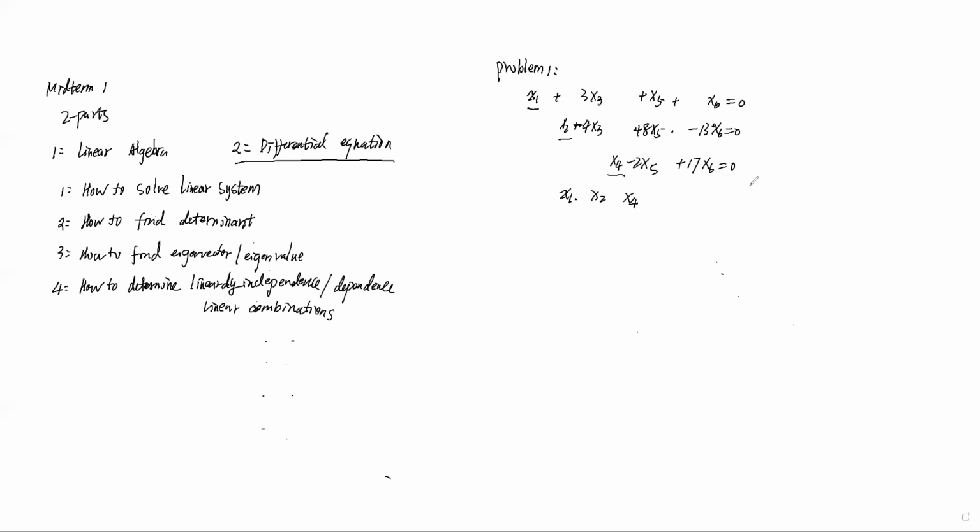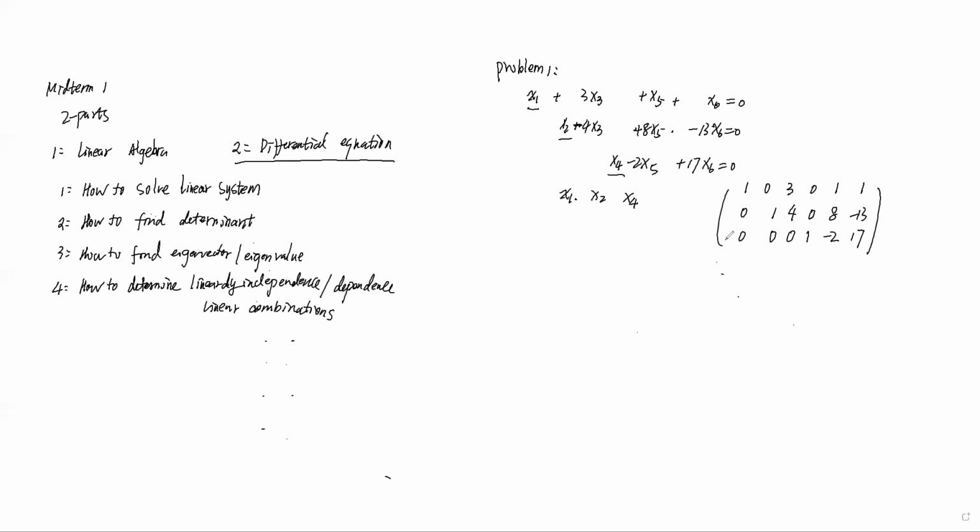In matrix form, this should be 1, 0, 3, 0, 1, 1; 0, 1, 4, 0, 8, negative 13; and 0, 0, 0, 1, negative 2, 17.